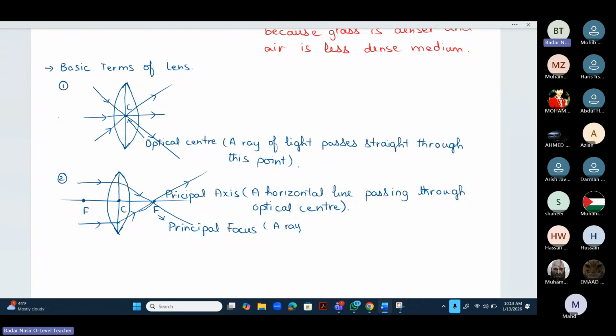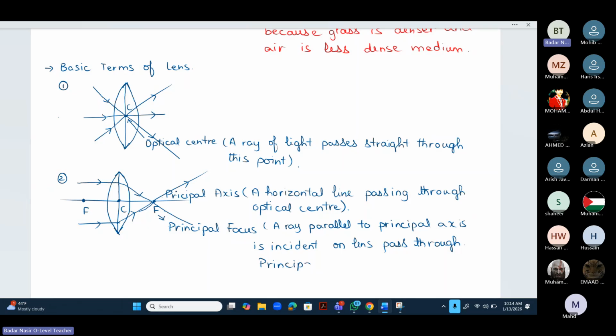A ray parallel to the principal axis is incident on the lens and passes through the principal focus.